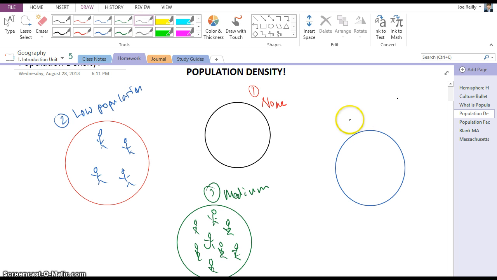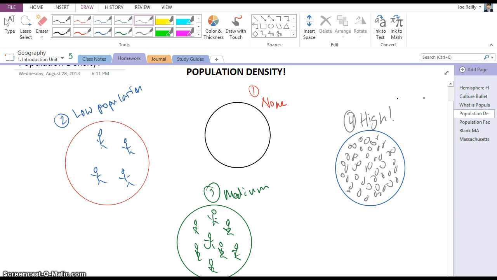Then over here, we have country number 4. They have a high population density. And I could draw a bunch of stick figures, but that would take too long, so I'm just going to draw little circles for heads. So, here we have a lot more people living in this country. And as you can see, the size of it is not significantly larger or smaller than either other country, but it has the most people in that amount of space, which gives it the highest population density.